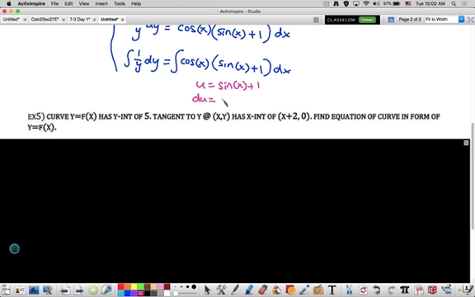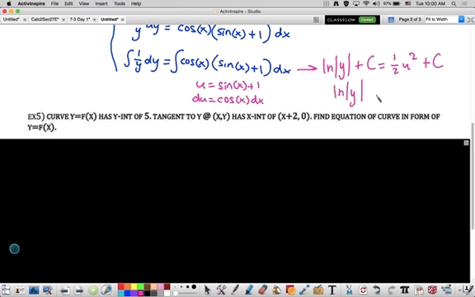Differentiate: du is cosine of x dx. So that means you get the natural log, and this is the important point you might want to remember. Plus c equals the integral of u du. So that's 1/2 u squared plus c.